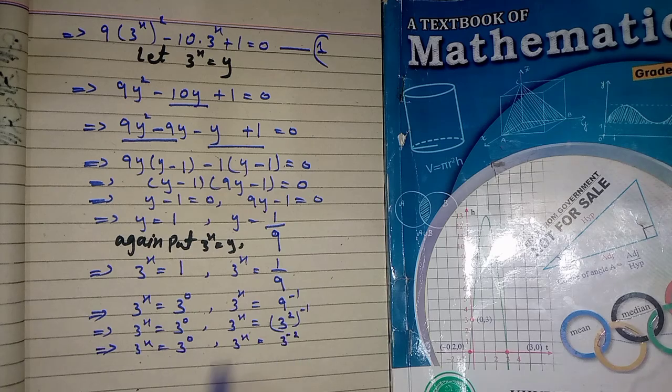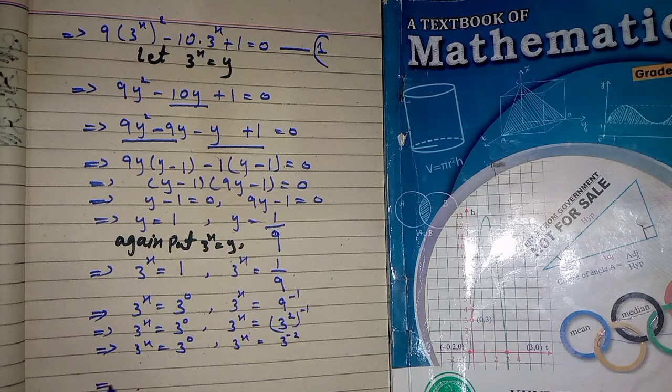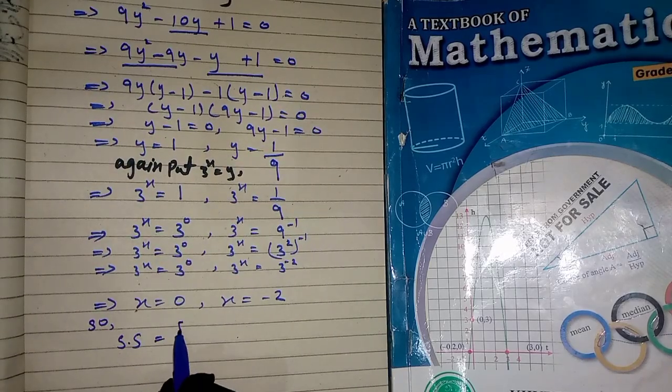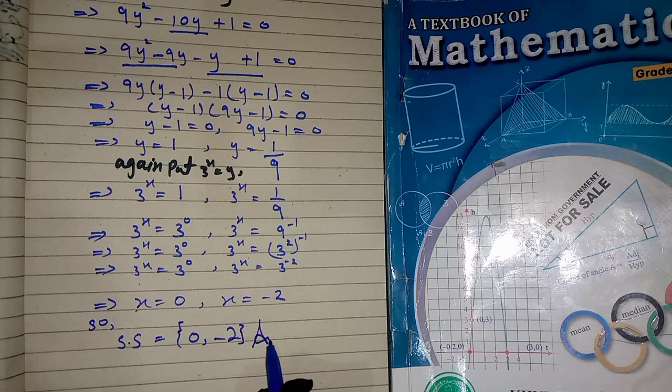Here the bases are same, so we compare the power. X is equal to 0 and x is equal to minus 2. So solution set is equal to 0 and minus 2.